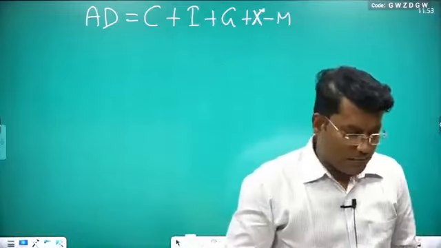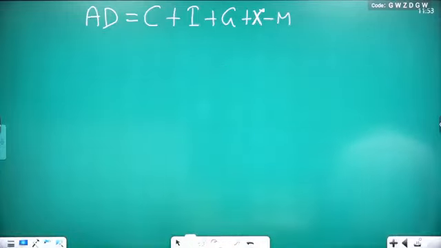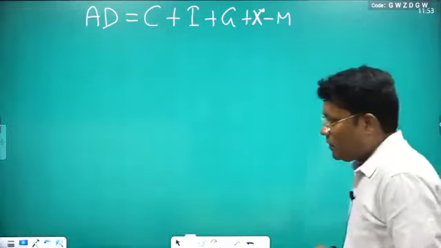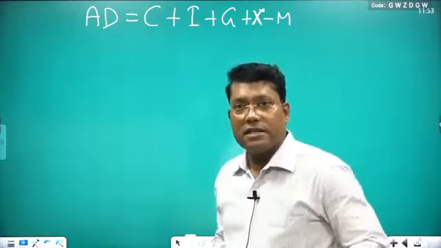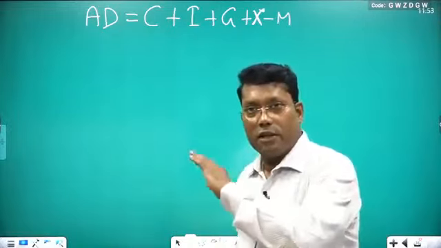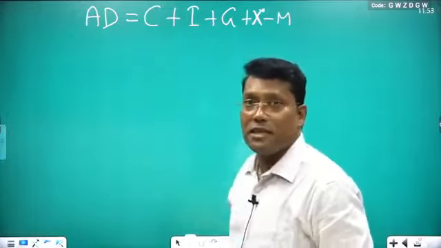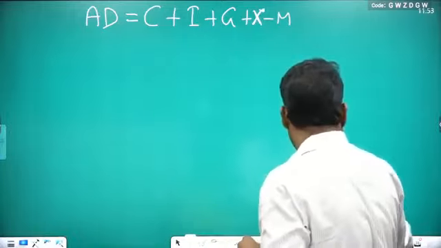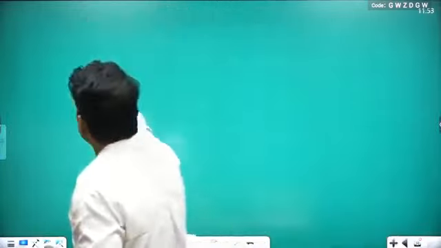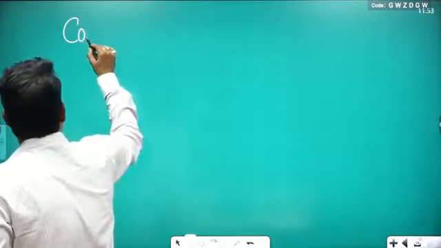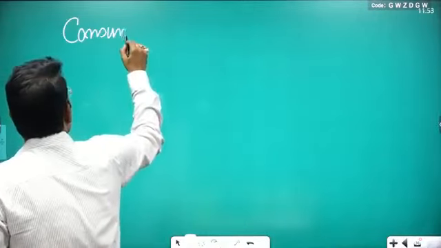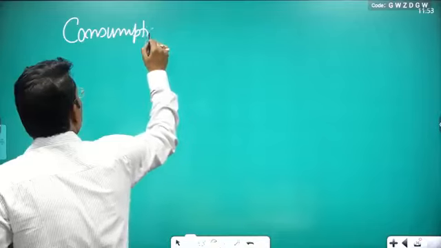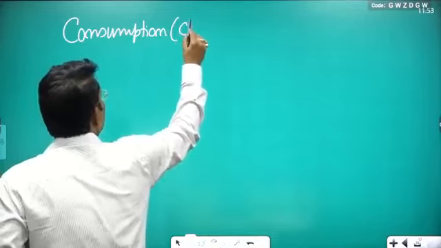Aggregate demand is equal to C plus I plus G plus X minus M. So let us discuss these components one by one. First we are discussing C, for consumption.